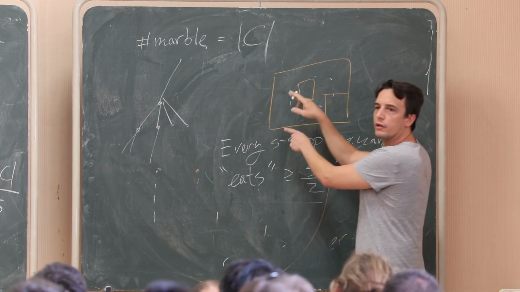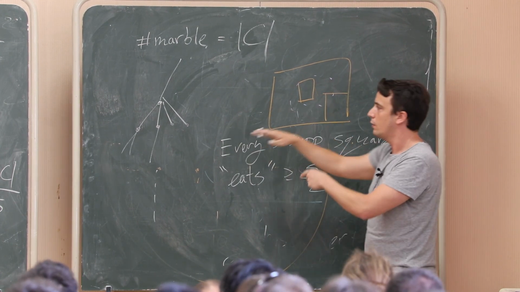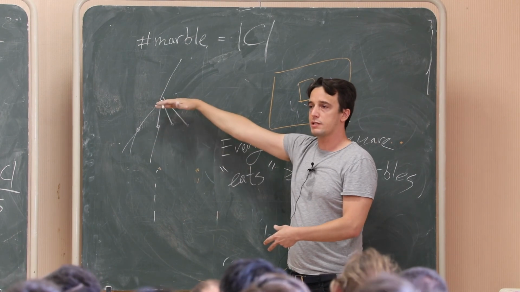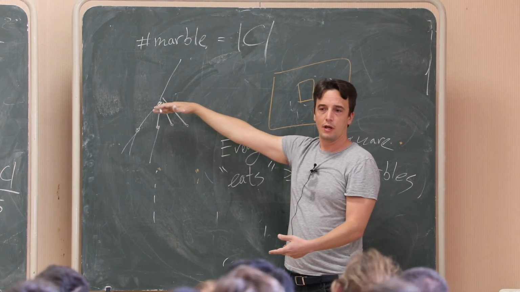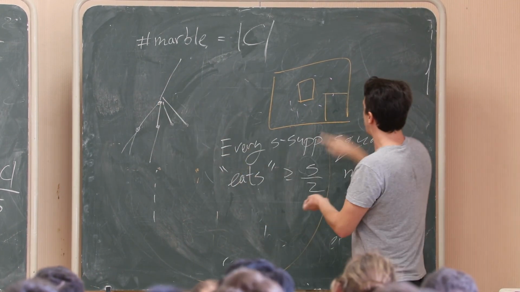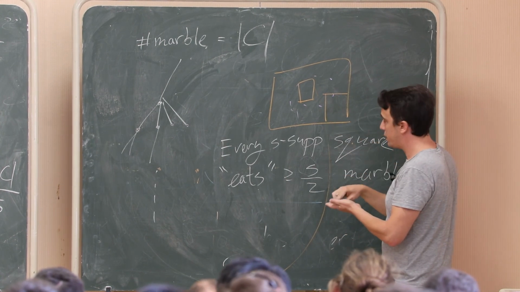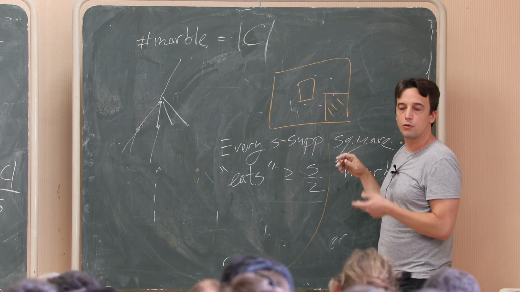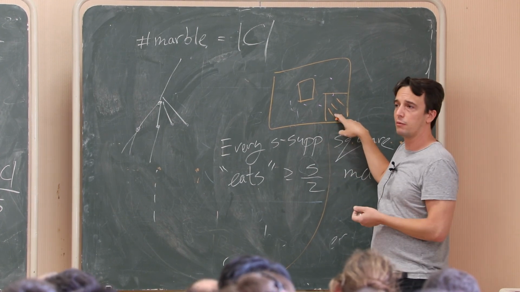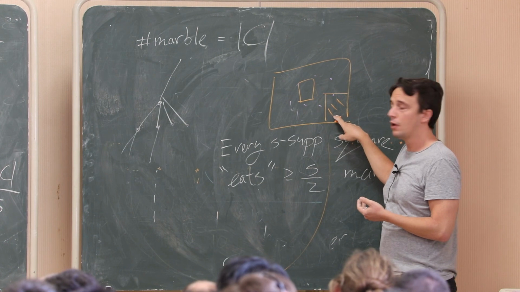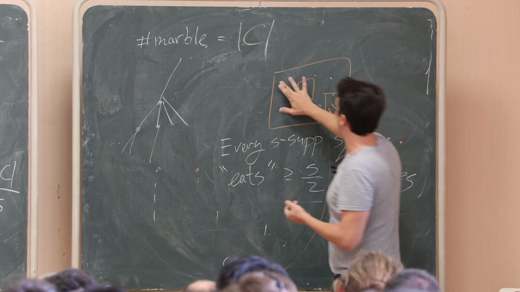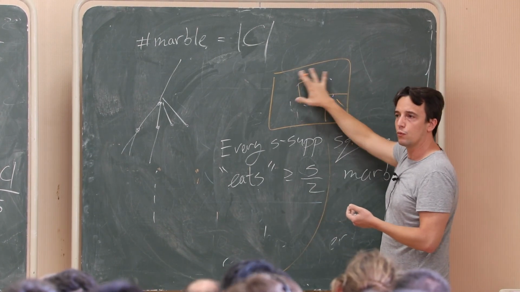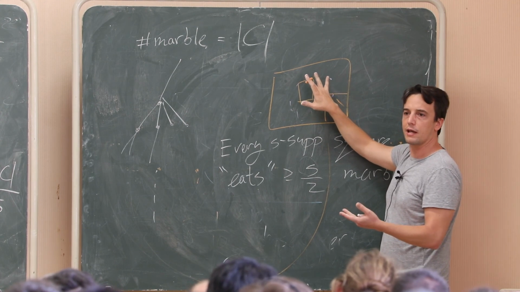So if none of the subsquares have s over 2, the amount that you get is at least s, because you're s-supported, and you eat s over 2. Let's say one of these squares does send you s over 2. Perhaps it ate some of the marbles, and it's not giving you all of them, it's hiding them. But you know that from the rest of them, you do get at least s.